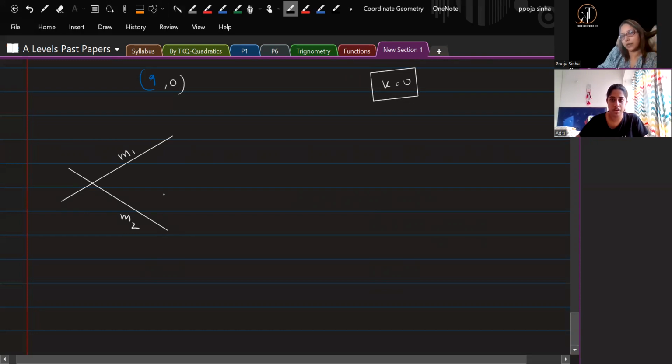I don't see them as parallel. I don't see them as perpendicular lines, right? No, so I think it's probably the intersecting point in this case. That intersecting point is what I am going to talk about, the angle between them. Angle between two lines.